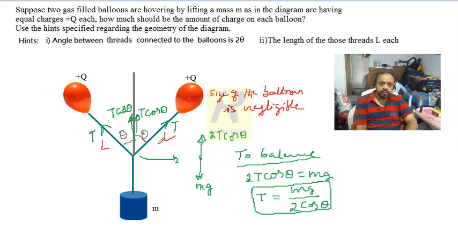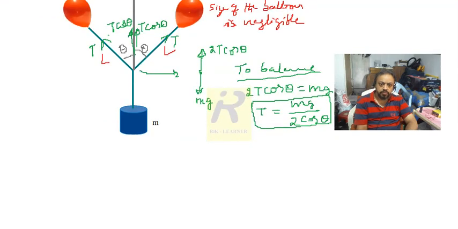Now we have to think about the forces between these two. Here is the balloon with charge plus q, and here is another balloon with charge plus q. How much should be the distance between them? This matters, so for that we use the clue, the length of the thread.